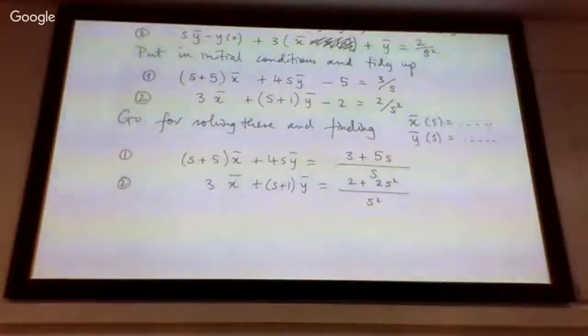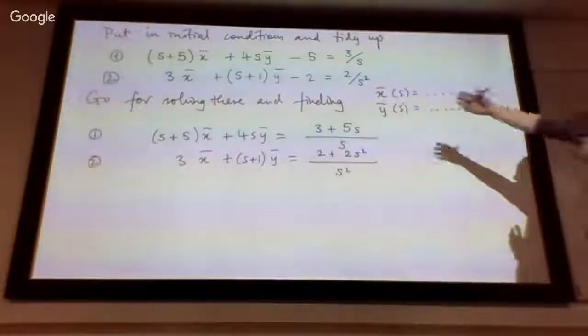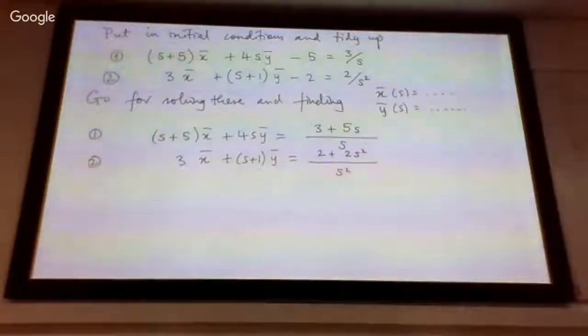Okay. So now we want to go for solving them. And how do you solve simultaneous equations? The fundamental principle is you want to reduce the number of variables. Do something to the equations that eliminates one of the variables so that you can home in on the other. So we've got to do something to these to isolate one of the variables.